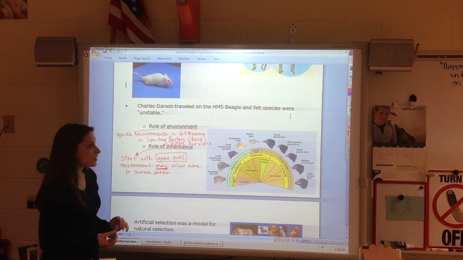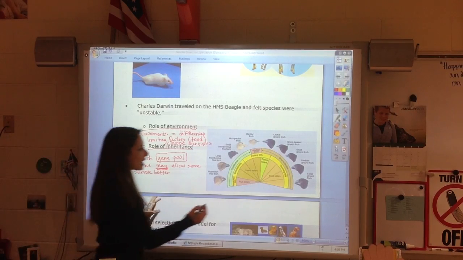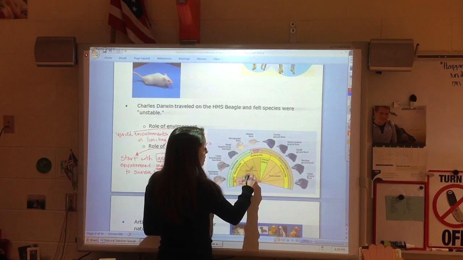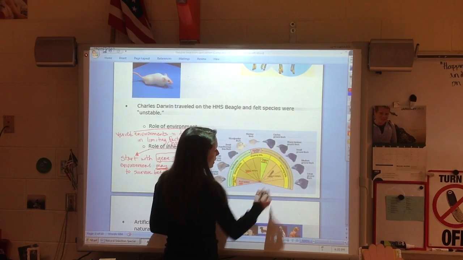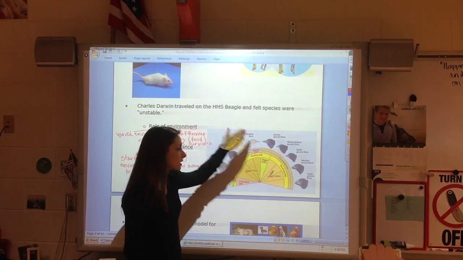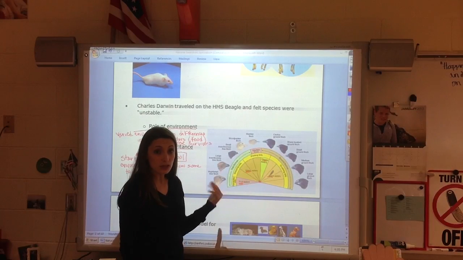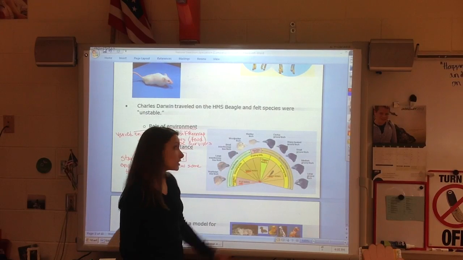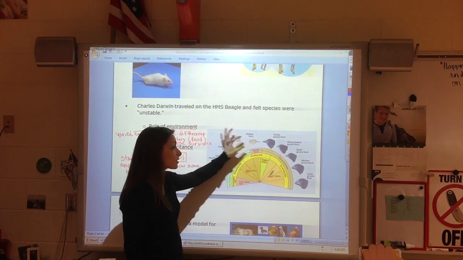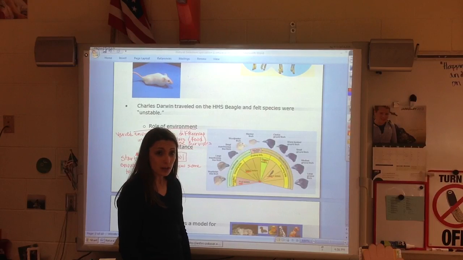And the main idea that we want to take away from this is that depending on what food was available, fruit, insects, cactus, seed, we really don't see any of these organisms existing in the seed environment because their beak isn't right for opening seeds. That's not saying that I couldn't take one and put it on an island. It's just saying that if this organism were on that island, it would probably die. It wouldn't be able to feed itself.